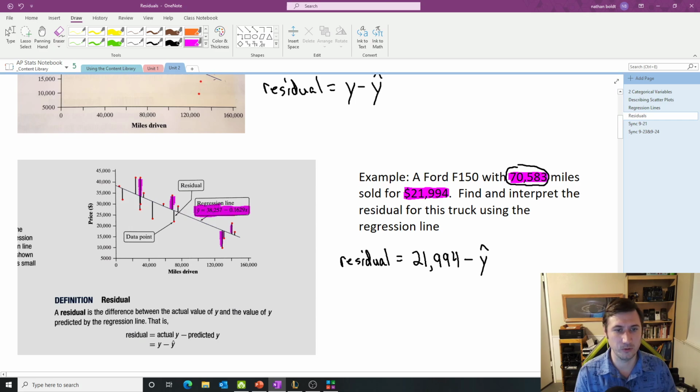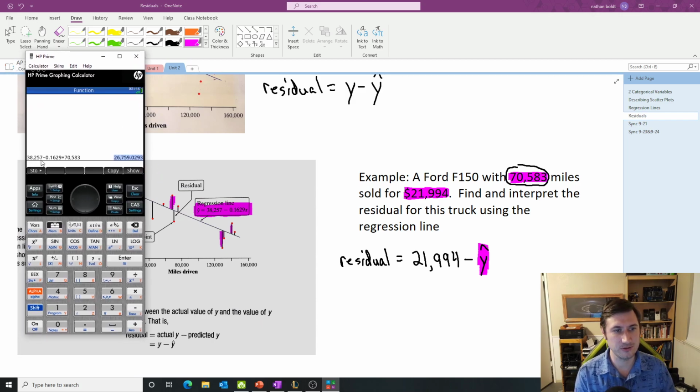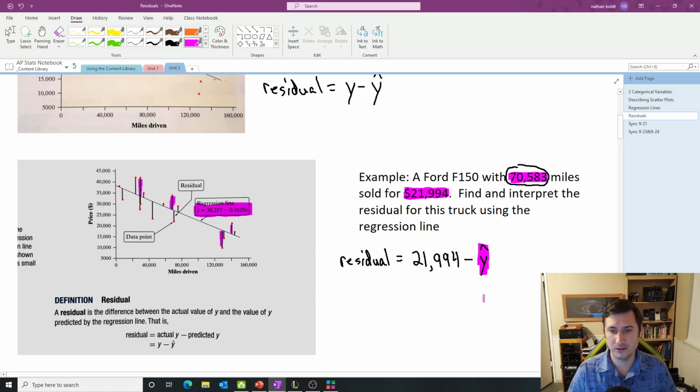We'll plug that 70,000 in for x and see what the predicted value for y is. Let me pull up my calculator. I actually already typed it in there: 38,257 minus 0.1629 times 70,000. We're plugging in the 70,000 for x, and we get 26,759. So 26,759 is our predicted value.